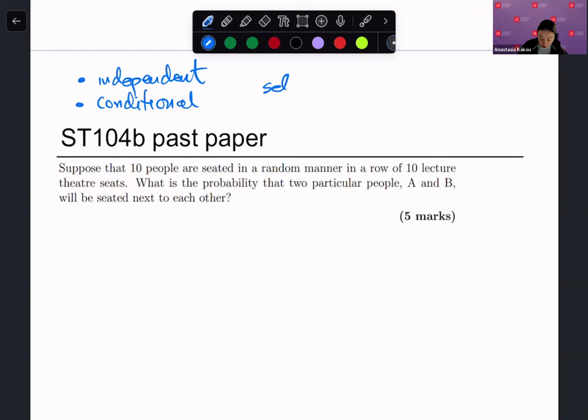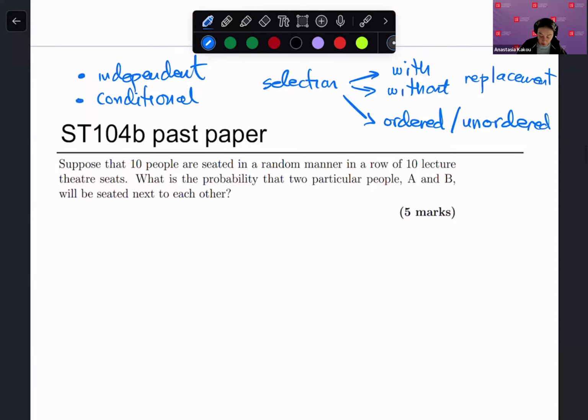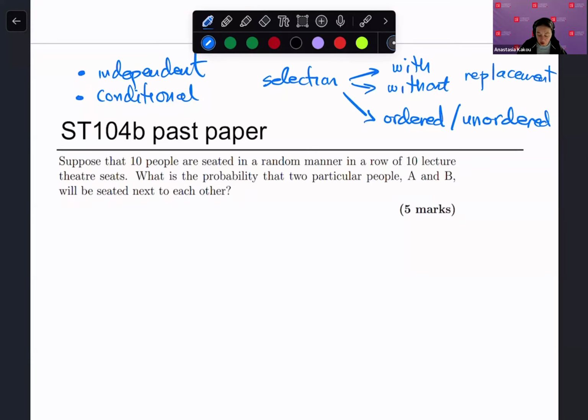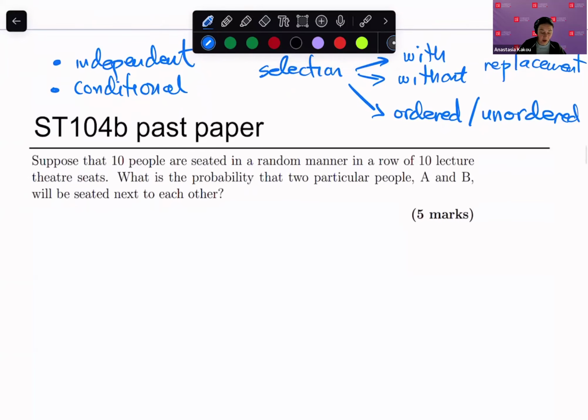If you're making a selection, think whether it is with or without replacement. Think of whether it is ordered or unordered. So these are the key things to try to identify when you're given such a question. Sometimes you need to draw a decision tree, typically if you have a Bayes theorem type of question.